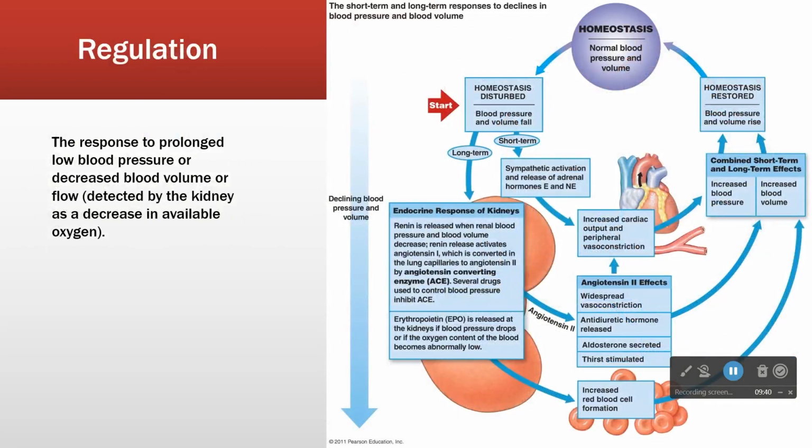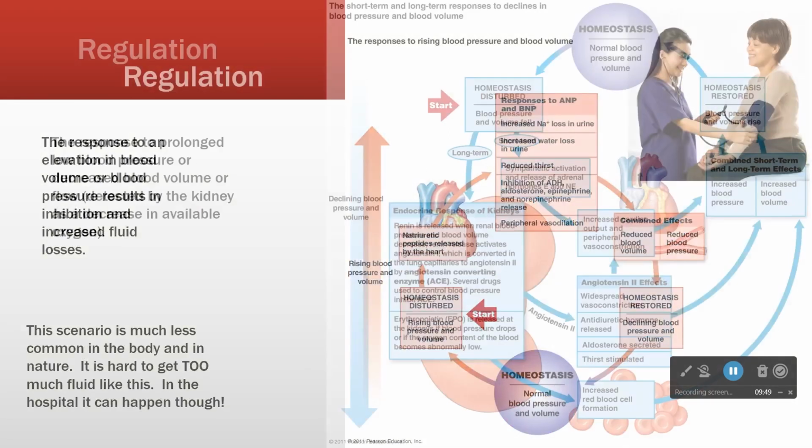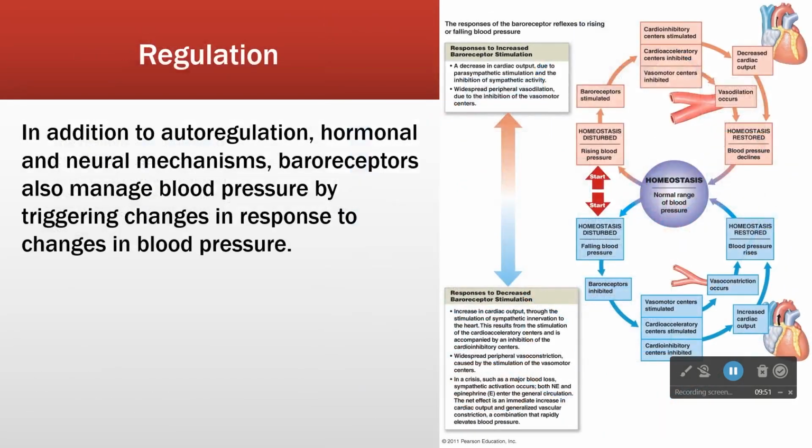Now, we're going to add to that the hormonal control, right? The previous one is going to happen within seconds to minutes. It's all nervous system, right? Nervous system fast. That's why we evolved it in the first place.